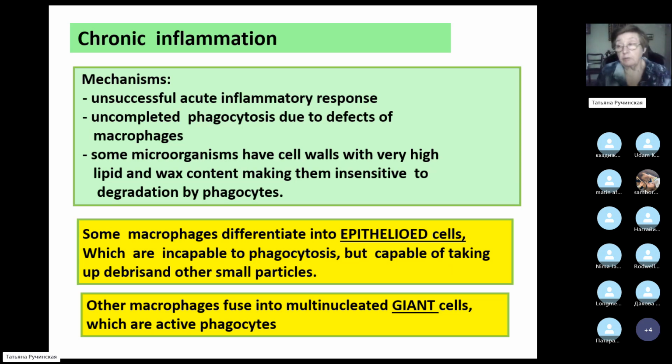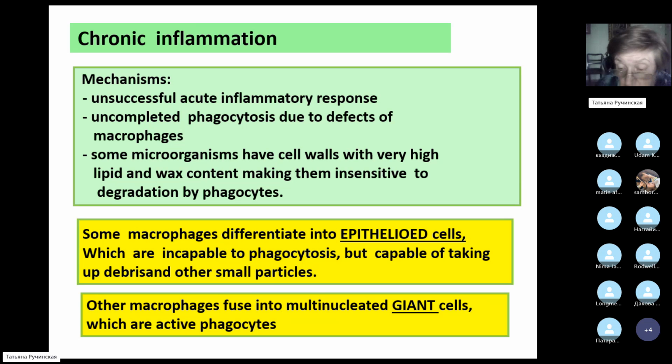If chronic inflammation appears, some cells change their function and their morphological state. For example, some macrophages differentiate into epithelioid cells.